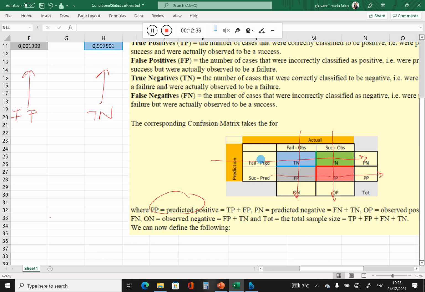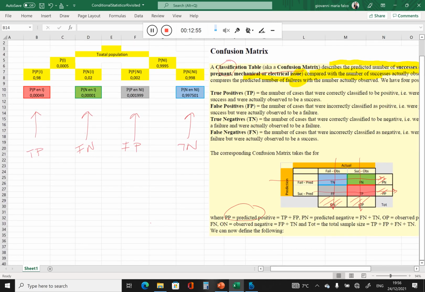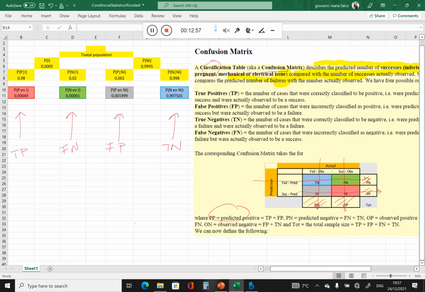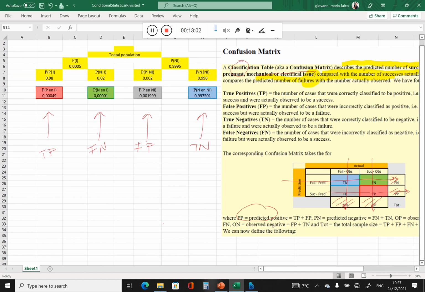Okay, we need these partial summation terms because we will use them in the definition of some measures that we will introduce later on in order to better describe this case of the diagnostic test. So the reason for this confusion matrix is that it gives access to much more information than what you would get simply from the tree diagram, as we will see.